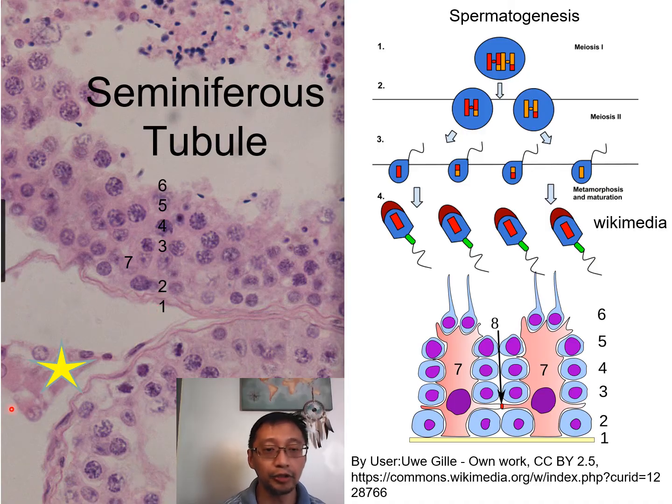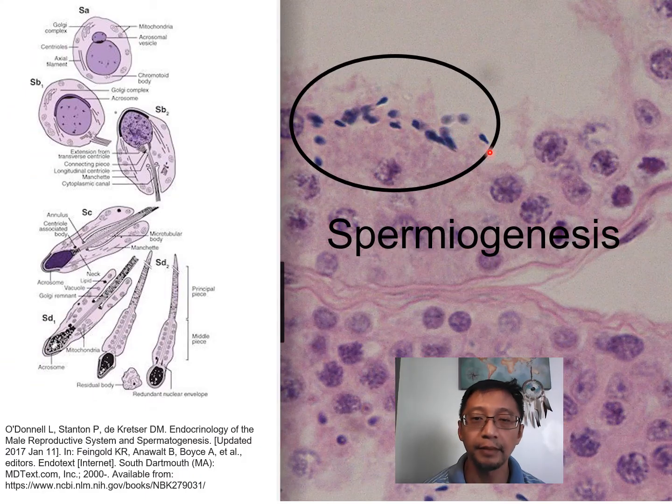In the interstitium of your testes, you have now your Leydig cells, and the Leydig cells will produce testosterone. In the seminiferous tubules, the spermatid further develops to become your spermatozoa through the process of spermiogenesis. You have your spermatid, the Golgi apparatus polarizes to the north, while your centrioles will polarize to the south.